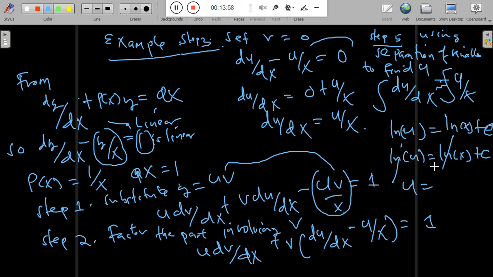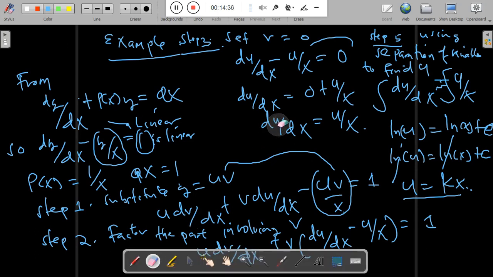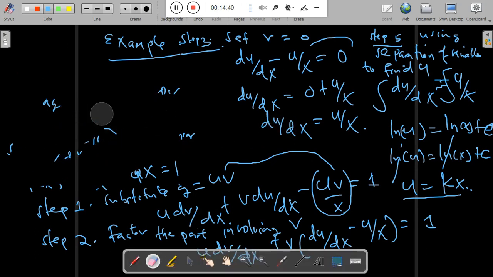It will be u, which is equal to kx. So when you take out ln x plus c, it will be ln x. That will give you kx, as you can observe. Remember, our k value was dominated on the previous equation, if you remember.